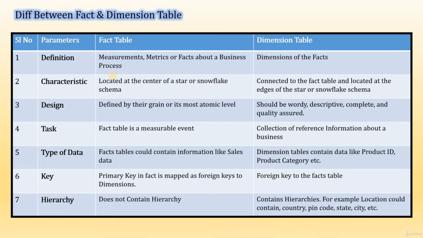In the case of design, the fact table is defined by the grain, or its most atomic level, while the dimension table should be wordy, descriptive, complete, and quality assured. Defined by the grain means the data is at the lowest level of detail, while in the dimension table the dimensions are wordy and descriptive.